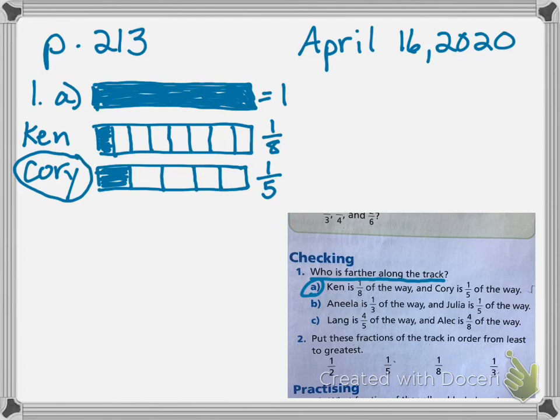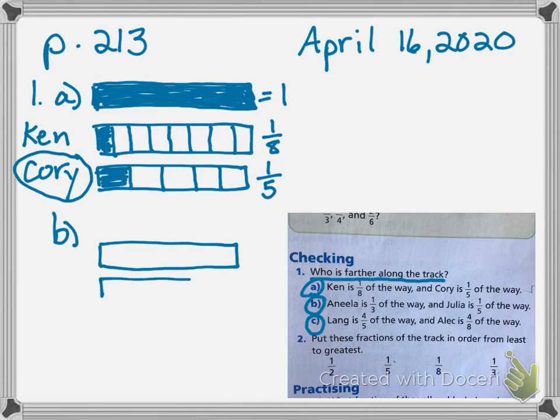Now what I would like you to do is stop the video, and I would like you to do B and C on your own. I'll be checking for that when you take a picture. And you're going to do it exactly the same way. You don't have to draw the track again if you're drawing right underneath, and you can see how big it is.